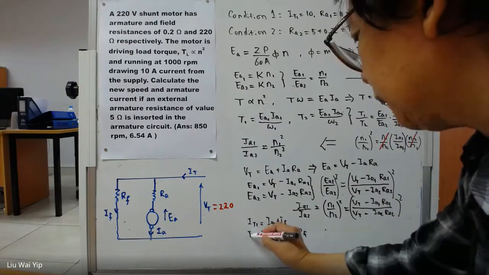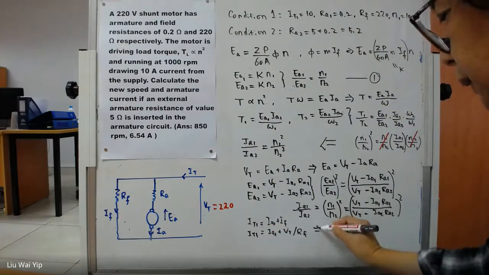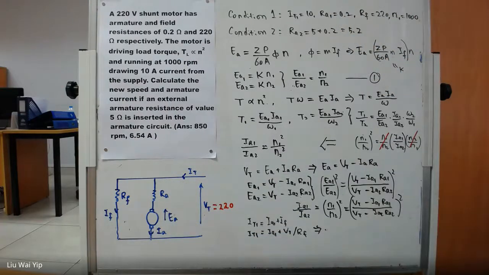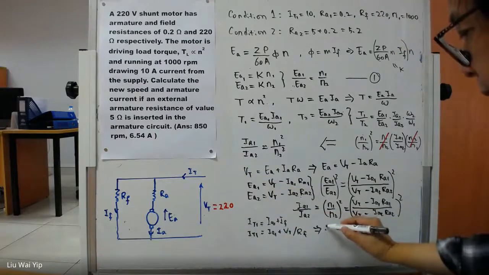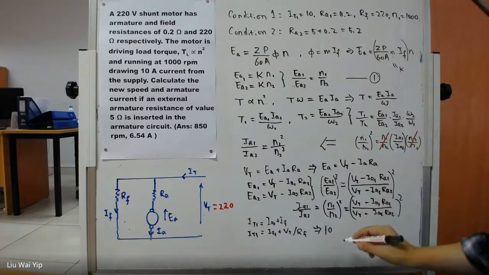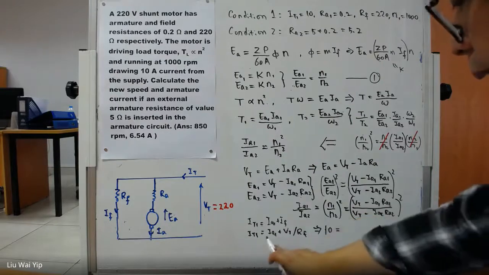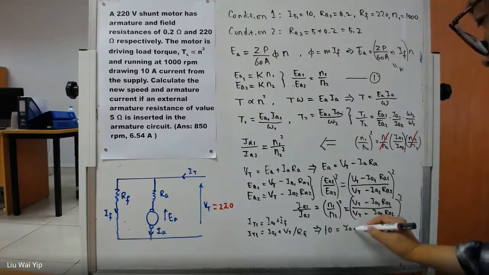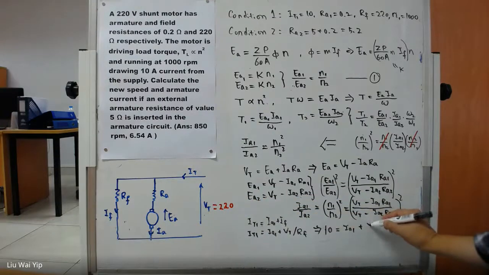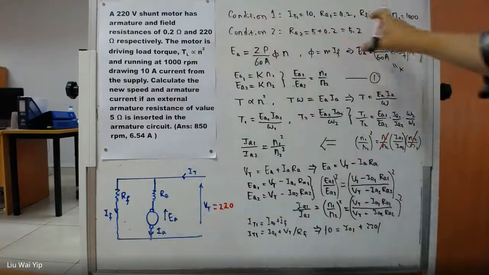So this is enough for us to dig into further. For the total current, which is 10 ampere, we have already said that the 10 ampere is equal to IA1 plus VT, which is 220, divided by the resistance, 220.